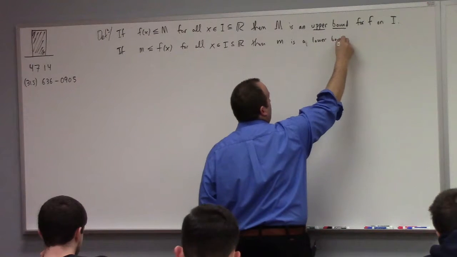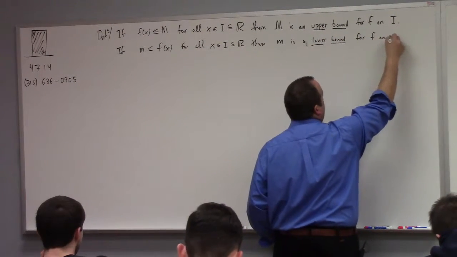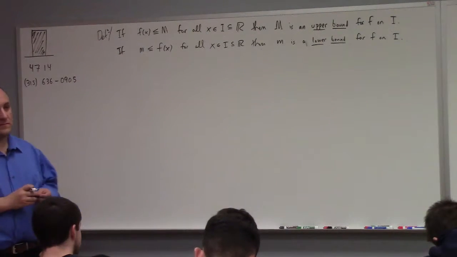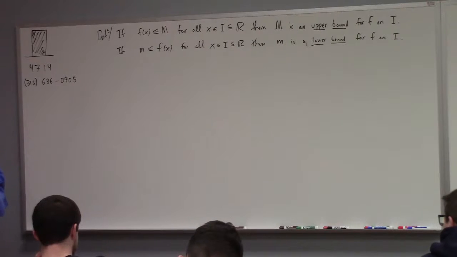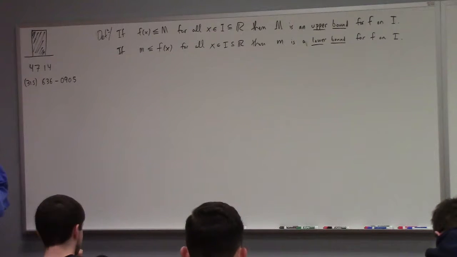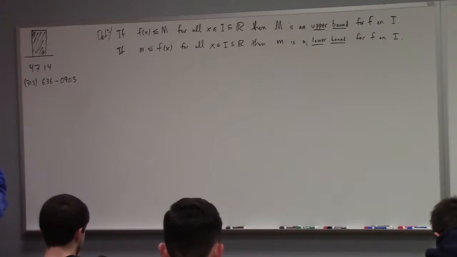Thank you. For f on I. Now, of course, a function doesn't have to have an upper or a lower bound, right? For a given interval, it could be unbounded, right? If a function has both an upper and a lower bound with respect to some interval, then it's said to be bounded on that interval, all right?